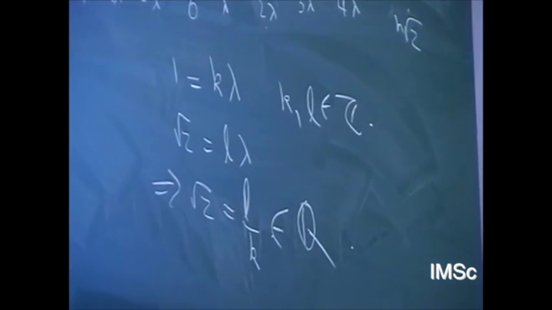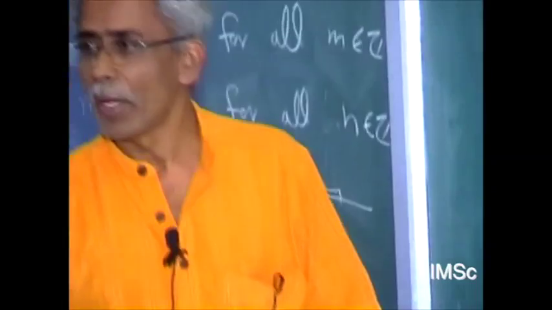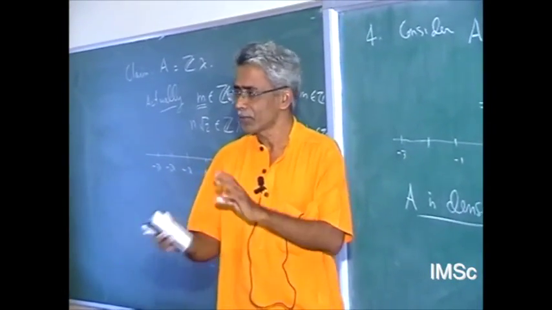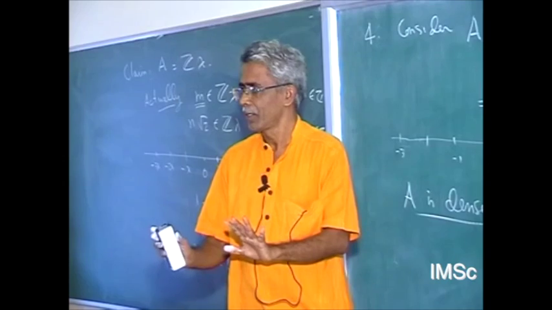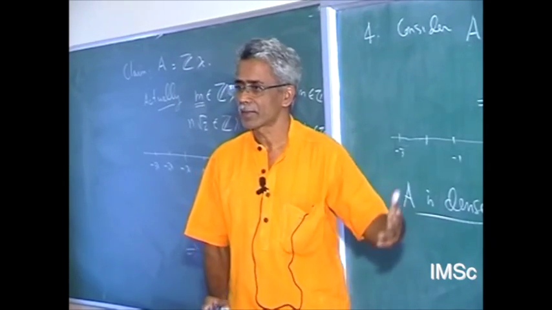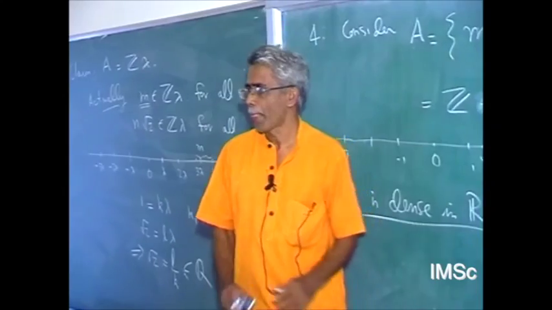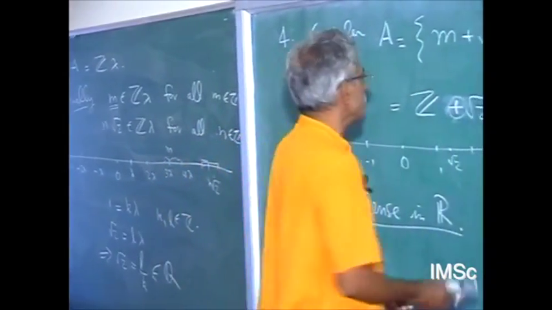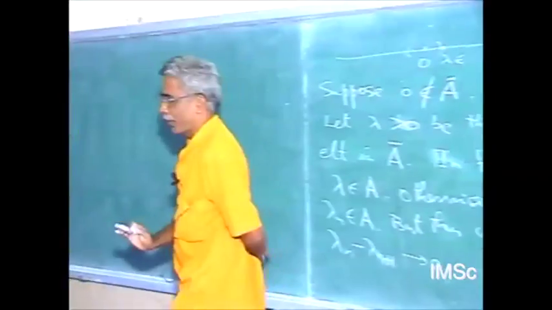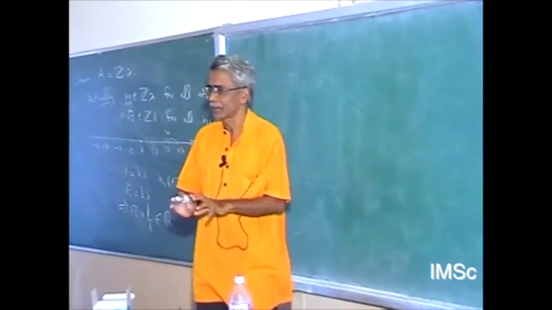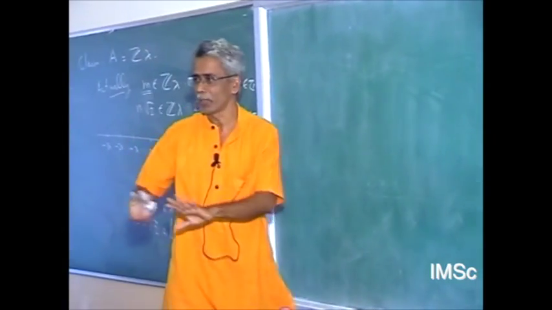So here is a situation where a set which looks discrete, just integers, is in fact dense in the set of real numbers. Sometimes you may have to go a little bit outside the domain.